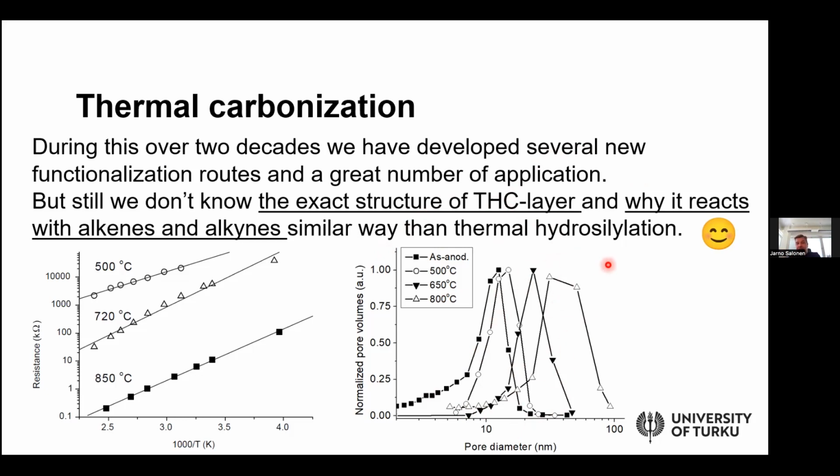Then, by the way, one hint for new researchers: porous silicon is a very interesting material. After you have produced it and you have a certain pore size distribution, you can change it afterwards using thermal annealing. You can increase the pore size quite a lot. So you don't need to try to increase the current density and things like that.